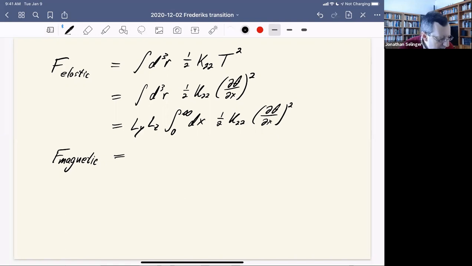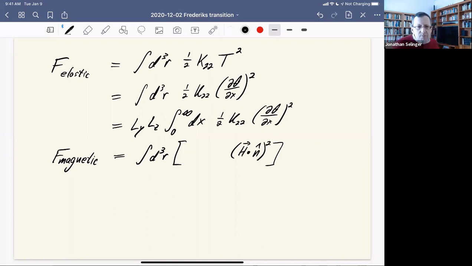But in general, the expression for that is an integral over volume of something times the magnetic field dotted with the director squared.